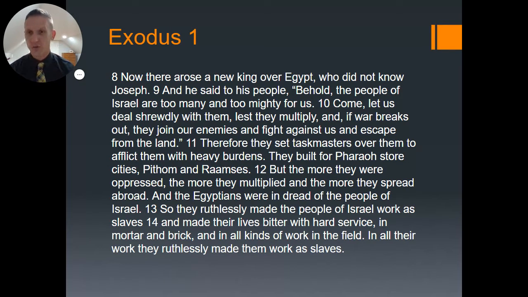He feels no loyalty to Joseph, or maybe just enough time has passed that he legitimately has no knowledge of why the Hebrews are there. They've just always been there. How they got here, we don't know, but they're a problem. So he decides that the Israelites are a threat.